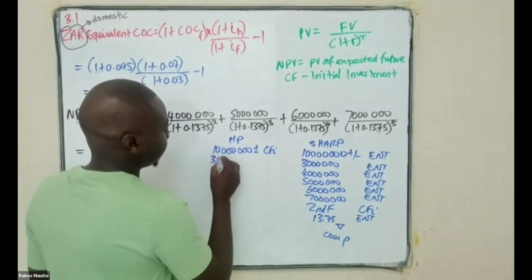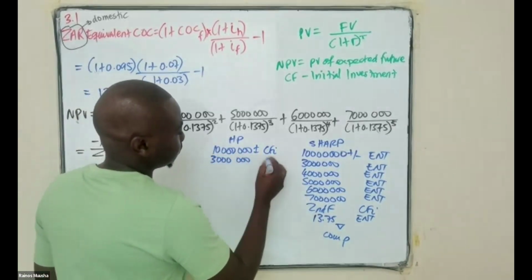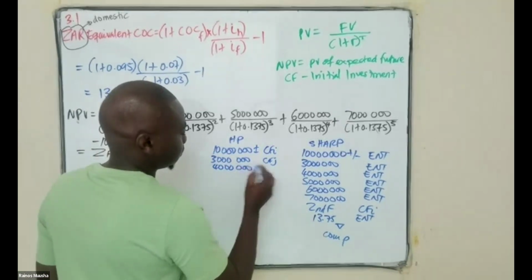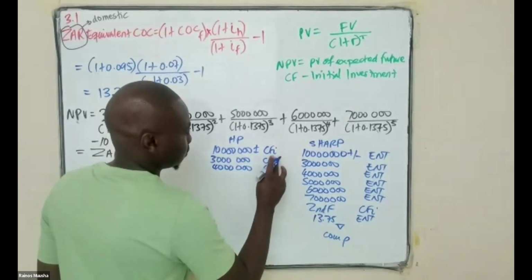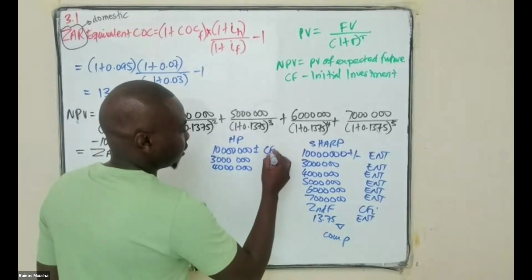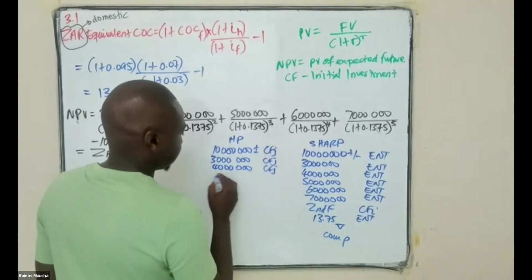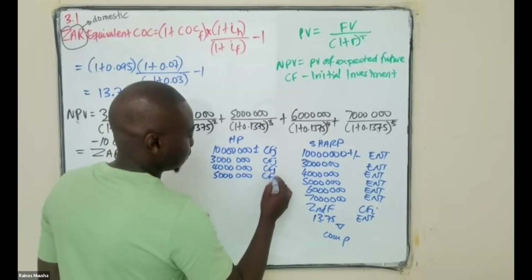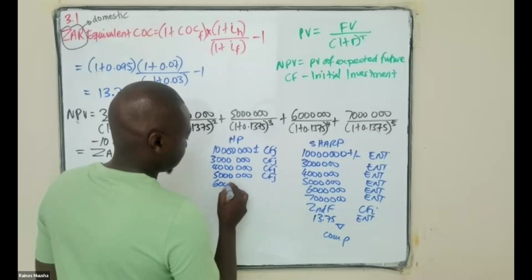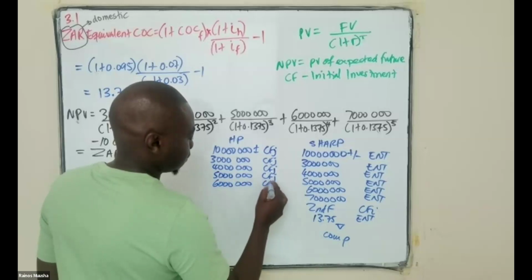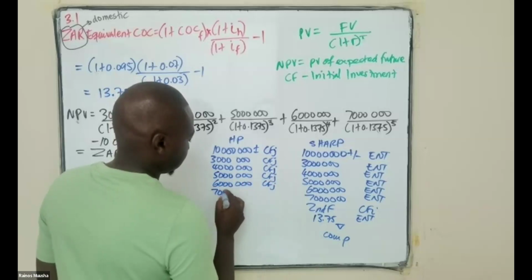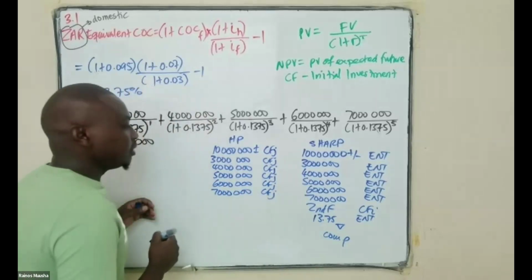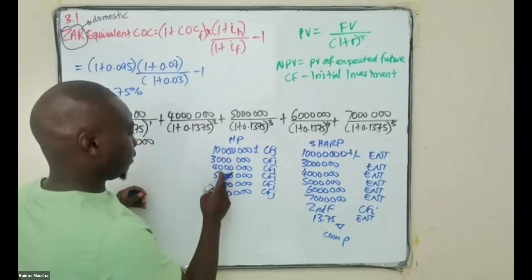So it's supposed to be CFJ here. Then 3, 4, 5.